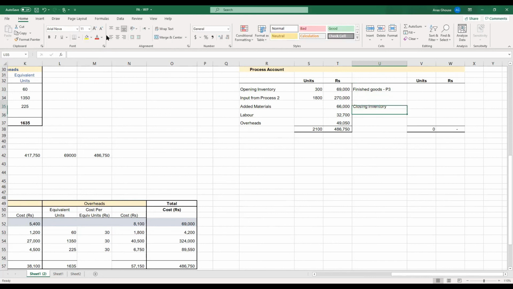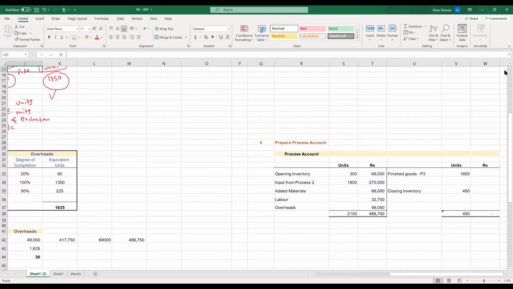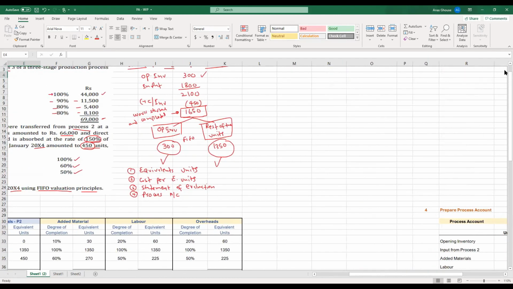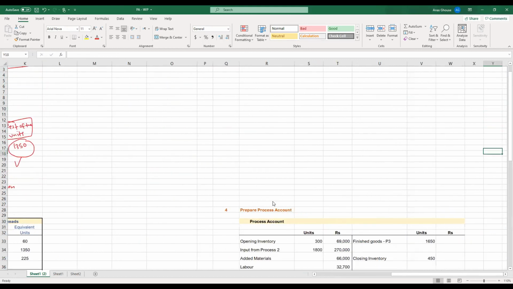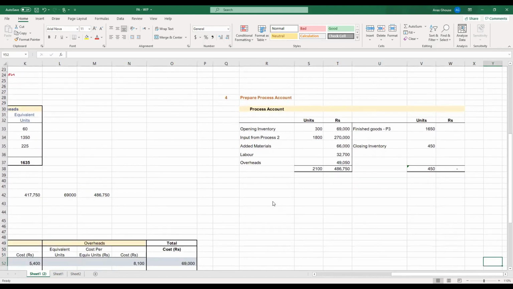As you know, the closing inventory is 450, and fully completed units 1,650. So here we calculated fully completed units, which is 1,650. Work started and completed in the period was 1,650. Okay, so this will be transferred to the finished goods. What is the cost for 1,650 and the closing inventory?